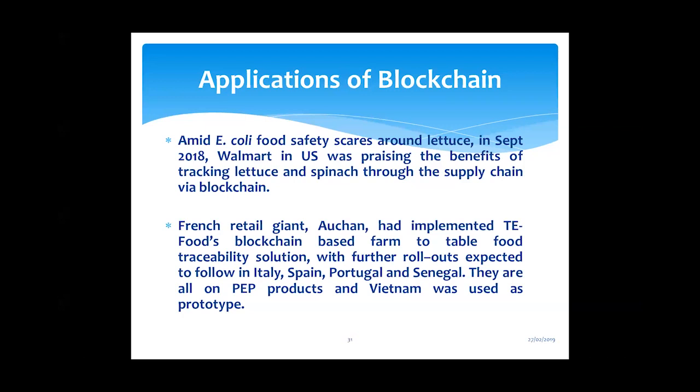It is interesting to know that before this system was launched, Vietnam was used as a prototype. So let's see in the next 5 years what more breakthroughs blockchain can bring about.